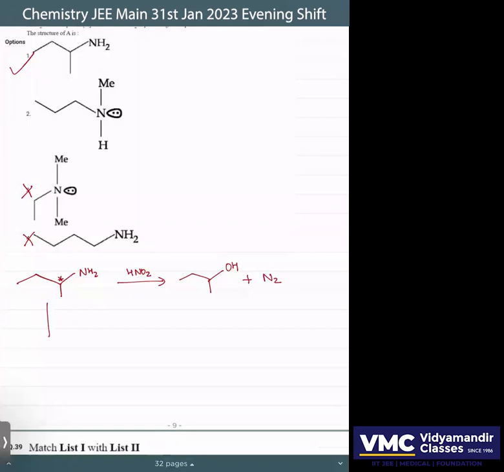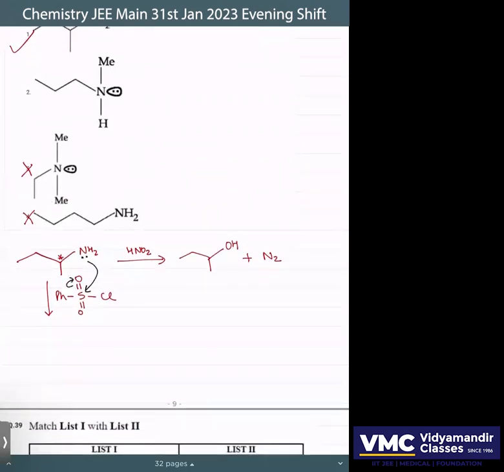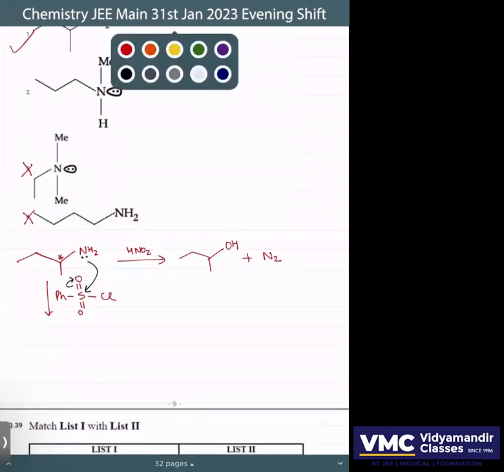Then this, on reaction with PhSO2Cl, how will the reaction take place? This is what will be obtained.